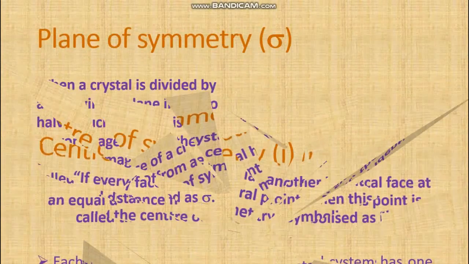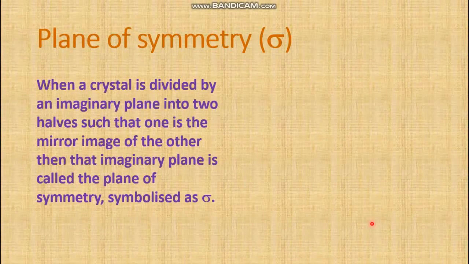Now plane of symmetry, which is symbolized as sigma. When a crystal is divided by an imaginary plane into 2 halves such that one is the mirror image of the other, then that imaginary plane is called the plane of symmetry, symbolized as sigma. That means, just imagine a plane and divide the crystal or the unit cell into 2 equal halves.